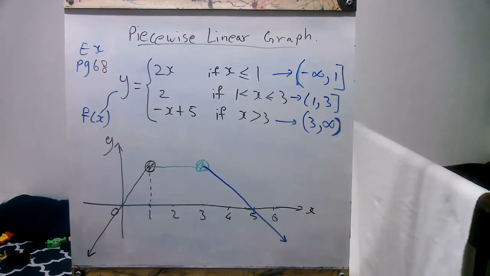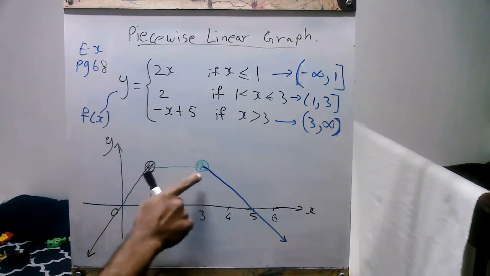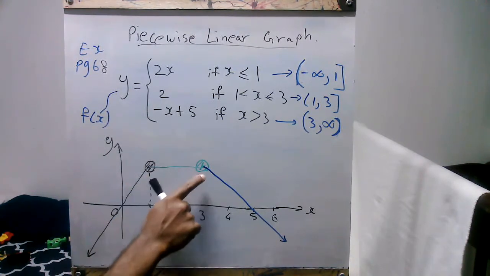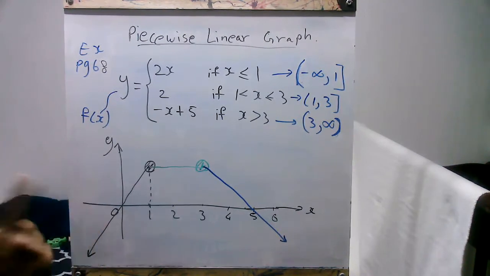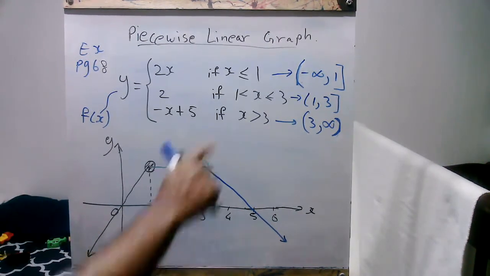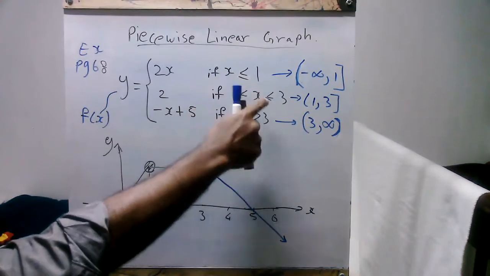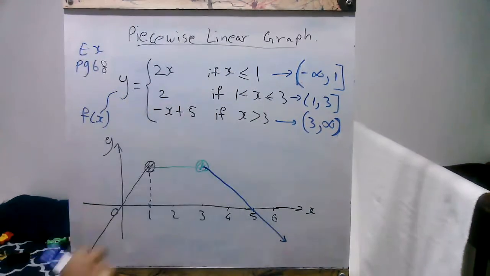I want you to pay attention especially to these 2 points. I shaded this in black, I shaded this in green, I shaded nothing in blue. Understand why, right? Shaded means that point is included, that's where it has the equal sign. In the third part it has no equal sign, therefore no shade in blue color.